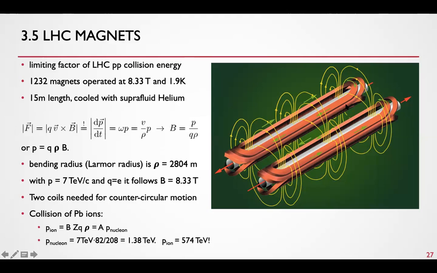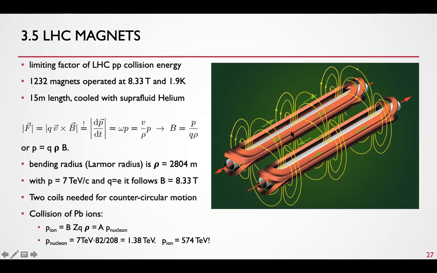Because when we want to collide protons, they go in opposite directions. We need two different signs for the field strength. So we need two different dipole magnets. With proton-antiproton, we could in principle use the same magnet, but we're using proton-proton for other reasons.